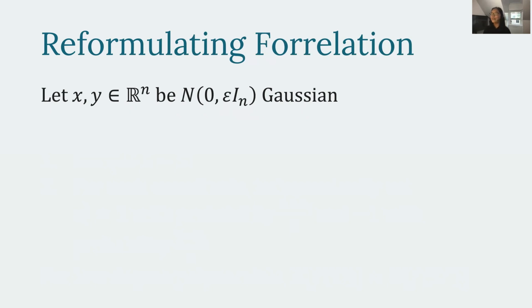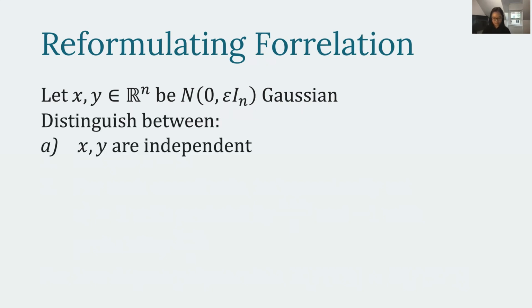And so I'm going to rewrite the correlation problem in this Gaussian way. Instead of drawing x and y from {-1, 1}^n, I'm going to let them be n-dimensional Gaussians centered at 0 with covariance epsilon times the identity matrix.